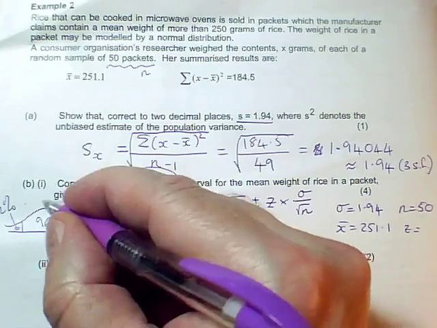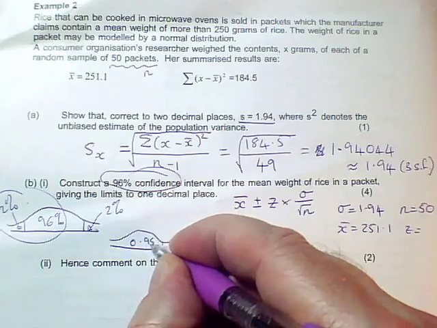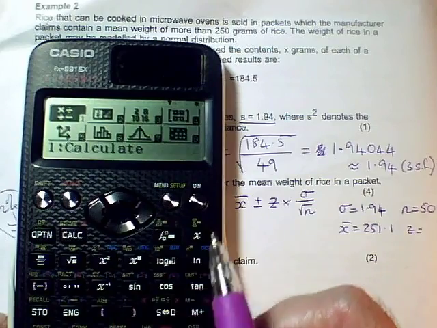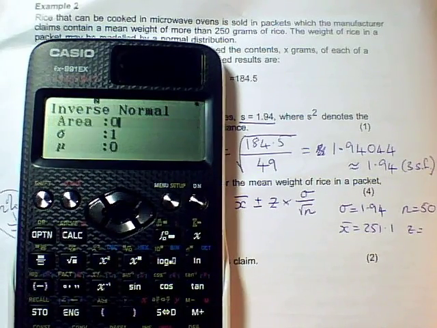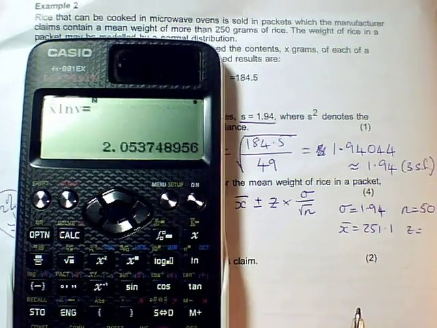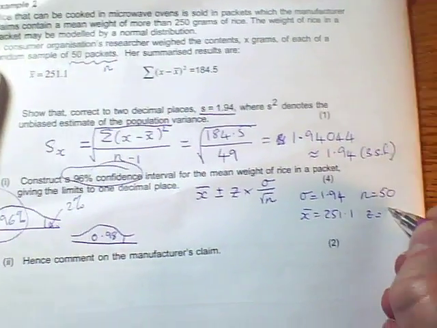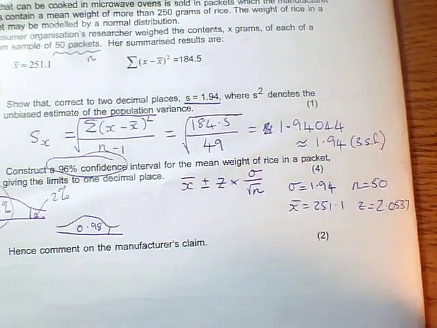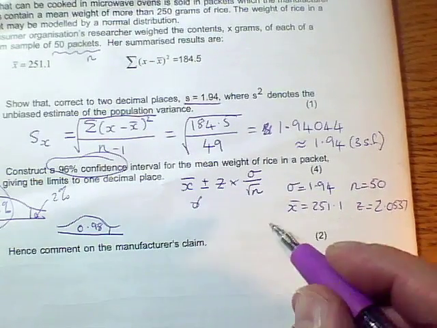So if I combine the 96% and the 2%, this is a probability of 0.98. So on my calculator, I need to go into distribution 7, inverse normal. I enter an area of 0.98. I get a z value of 2.0537. And now all I've got to do is put these values into the recipe.